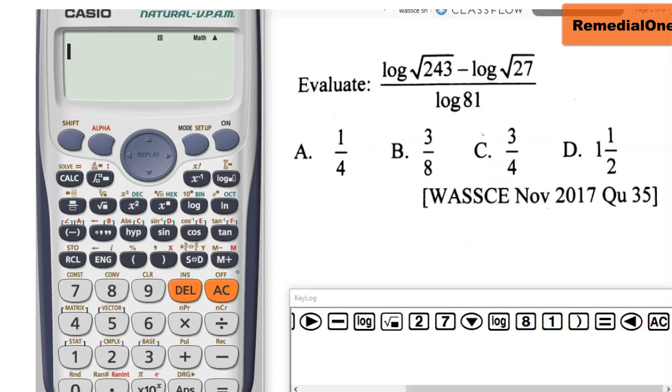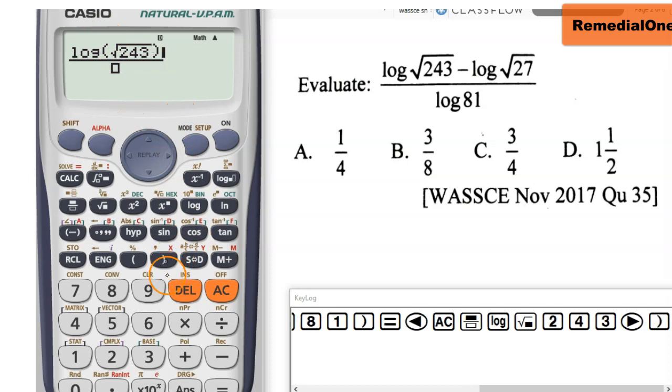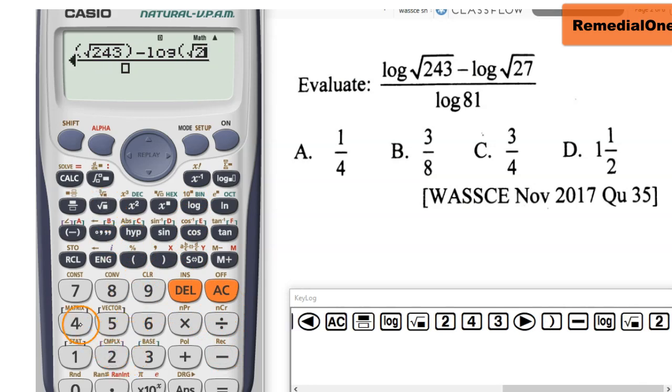Okay, so we want to evaluate this log expression. The same way here, this is a fraction, so pick our fraction here, and it's log square root of 243. You see this bracket, so we have to also close it to make it inclusive, and then minus log root 27.